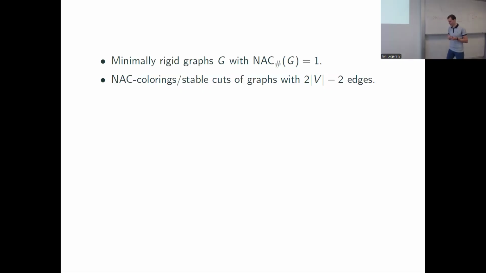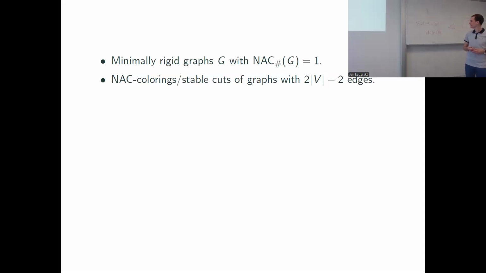Maybe what I would like to mention here is if you take the question whether a graph has a stable cut, that's NP complete for graphs that have maximum degree 5. And even if you take a graph that has 2 plus epsilon times the number of vertices, so if the number of edges is at most this for some fixed epsilon, it's still NP complete to check whether a graph has a stable cut.